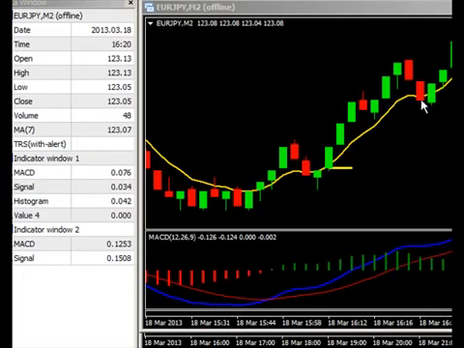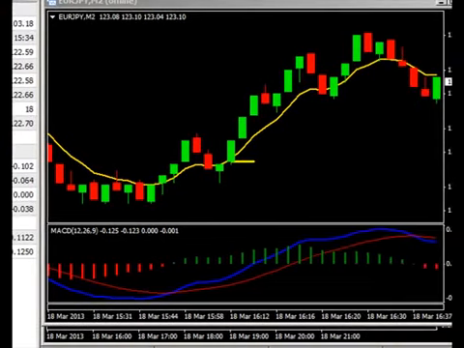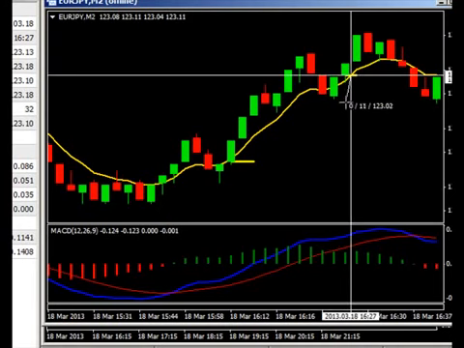We get one below, we go down to the MACD, it's still above, the blue is still above the red. We get a close back above, which means we can then go long on this candle here. Move that over so you can see. So we could go long here. And again, same thing. Looking to protect below there, 10, 11, and we're looking for 10, 11, which we would have got.